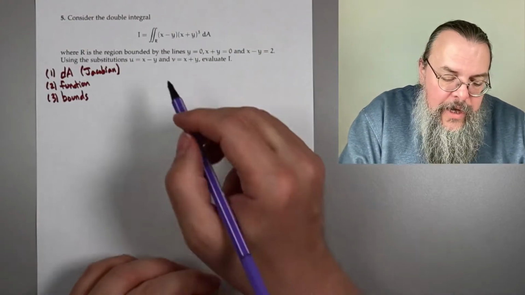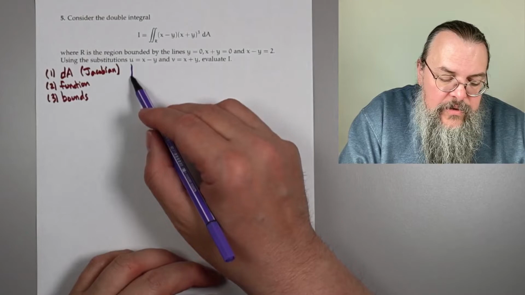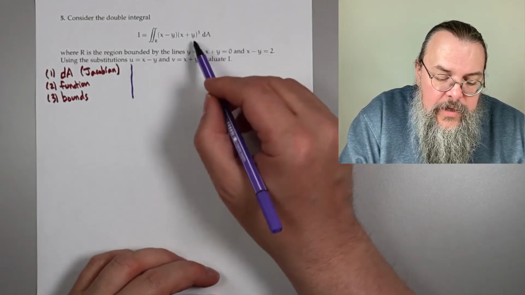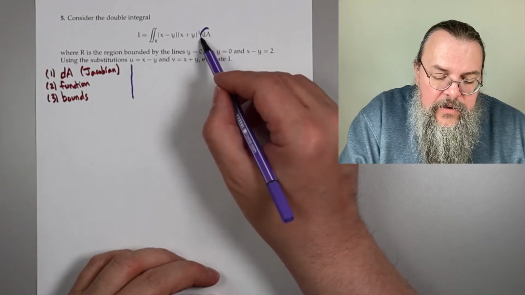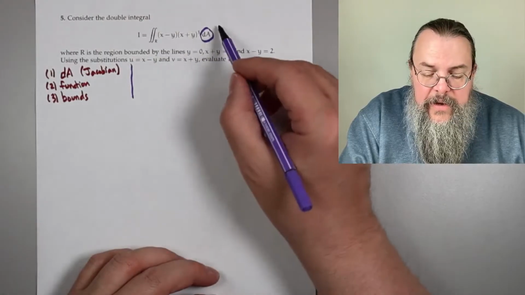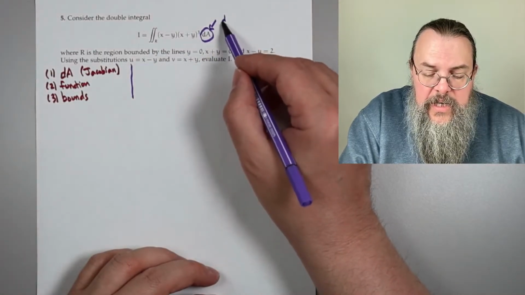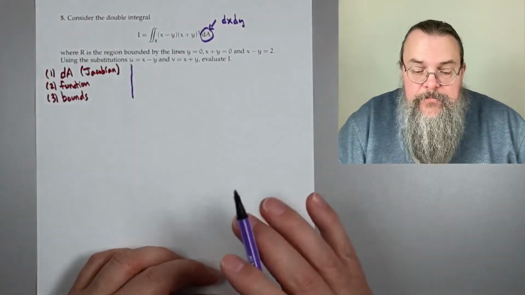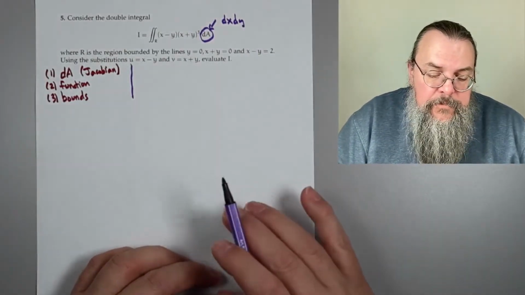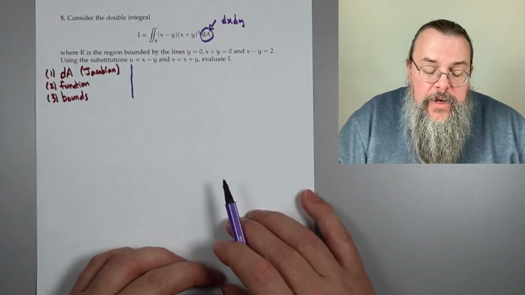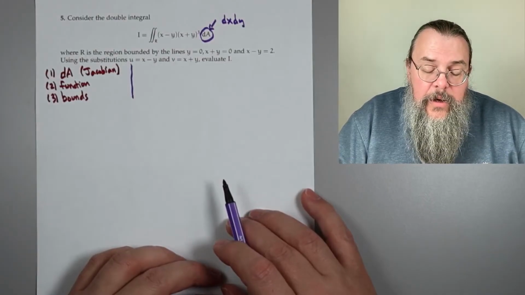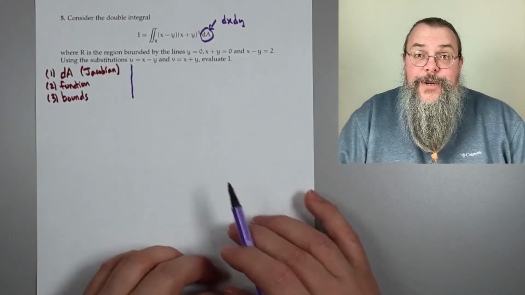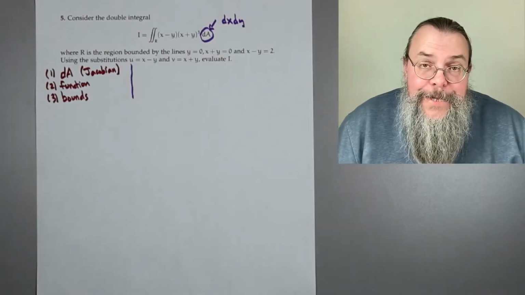Well, here's how I like to do this. Currently, when we think of this integral, because it's in terms of x and y, our current dA, we can think of it as dx dy, or dy dx. All right, no problem. And we say, what does this become in terms of u and v?